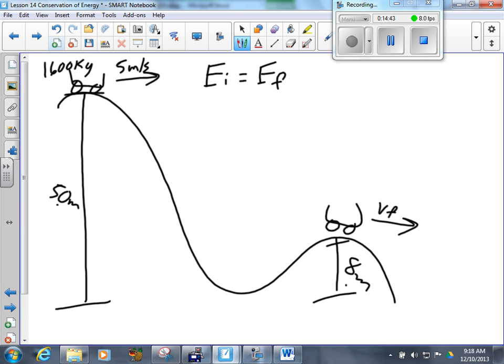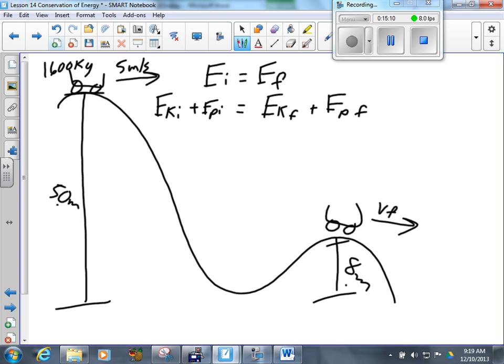EI equals EF. Now, we've also said that it has both kinds at the beginning, initial kinetic and initial potential, and it has both kinds at the end. Everyone okay with that so far? Do I have formulas for each of those terms?